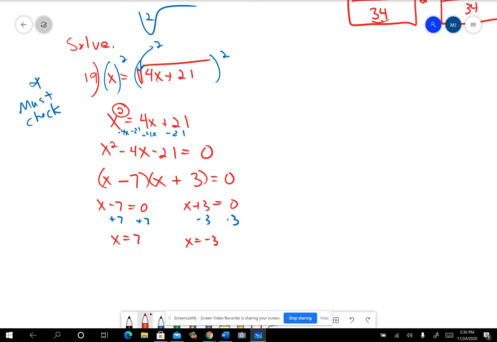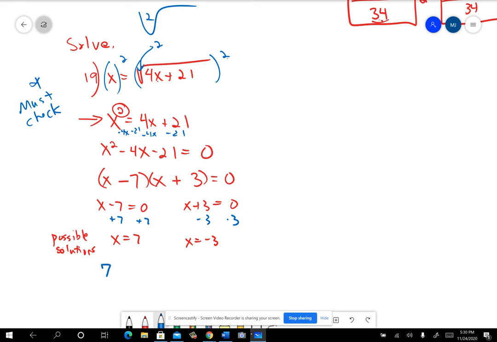Now here's the deal. As long as I didn't make an arithmetic mistake, those 2 answers are going to work in x squared equals 4x plus 21. So at this point, these are the possible solutions. But you don't want to circle those until you've checked them. So you're going to go back to the original equation.